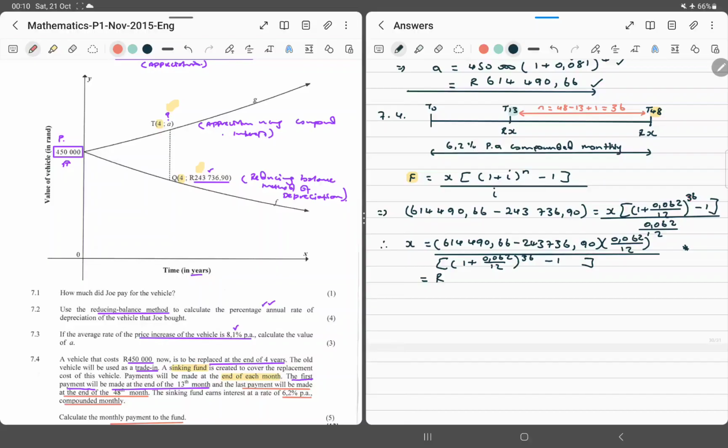Okay, so let's deal with this situation. This is all raised to the exponent 36 minus 1. My calculator is almost screaming. So I'm getting 9,397 rands 11 cents. Okay, it's quite a lot of money, almost 10 thousand for 36 months. That is 3 years. Yeah, that's quite a lot.